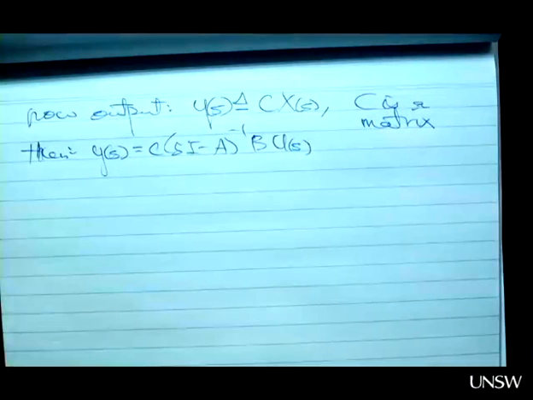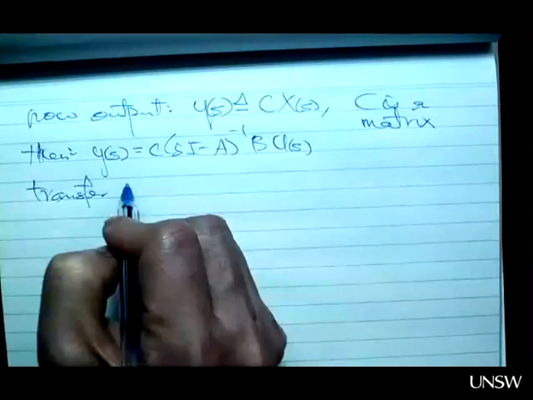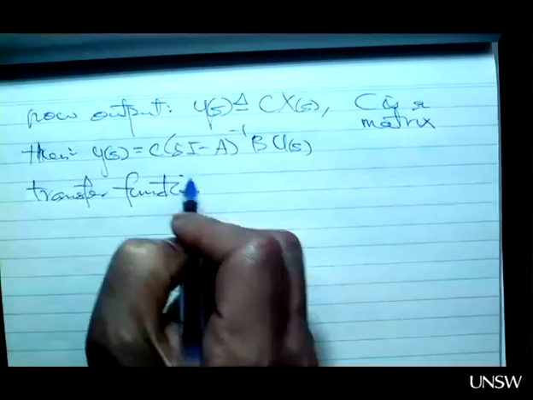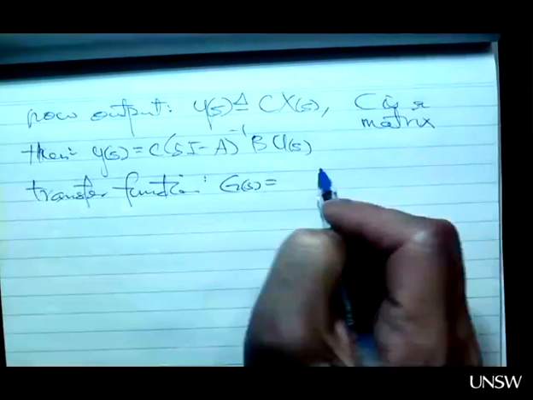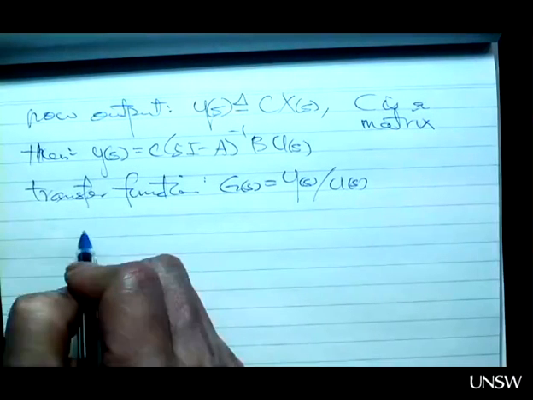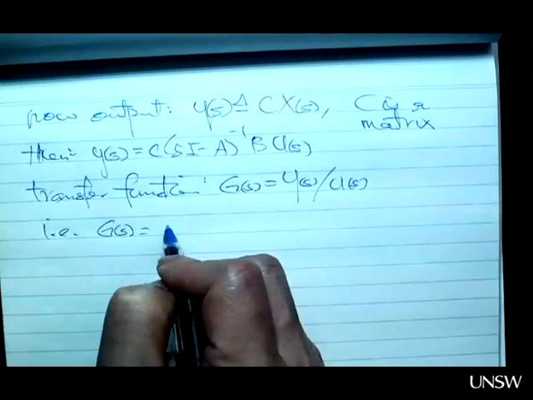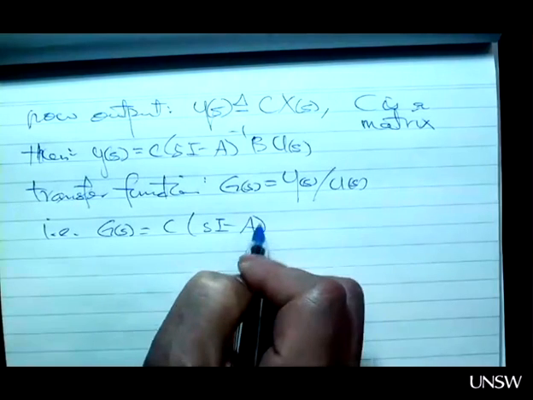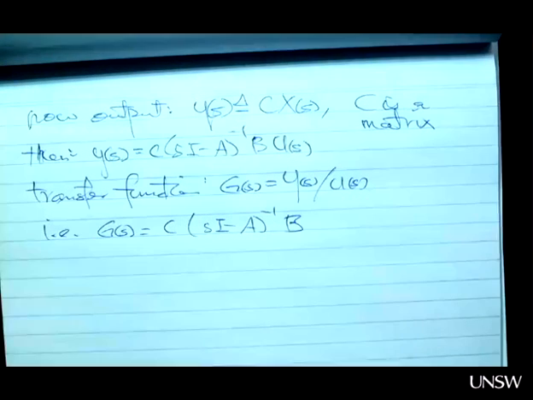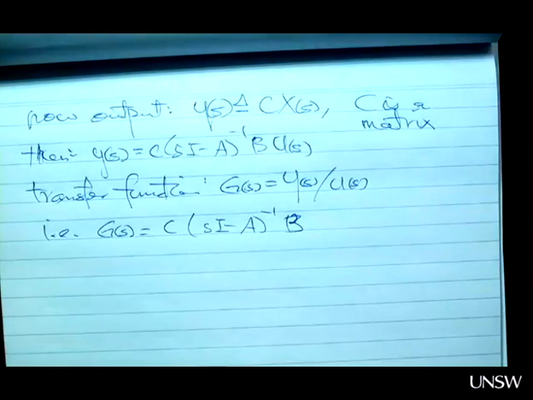The transfer function G(s) equals the output divided by the input, Y(s) over U(s), and that becomes C (sI minus A) inverse B. Up to here, any question? Is that okay?